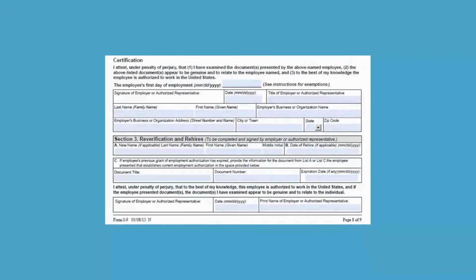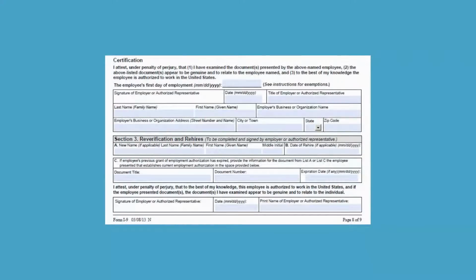And remember that as the employer or employer's representative, you're attesting to the validity of the documents that the employee presented. You're not expected to be a documentation expert, but you are expected to take reasonable care to review the documents to ensure that they are valid and that they really are for the person who's presenting them.